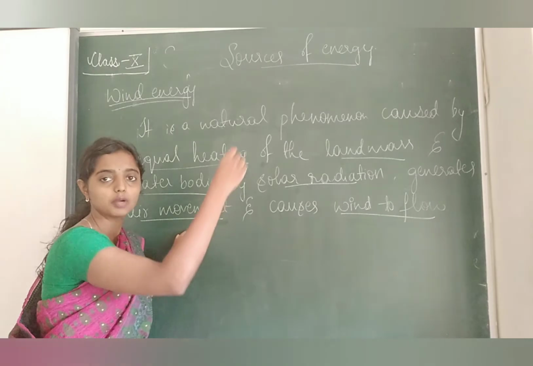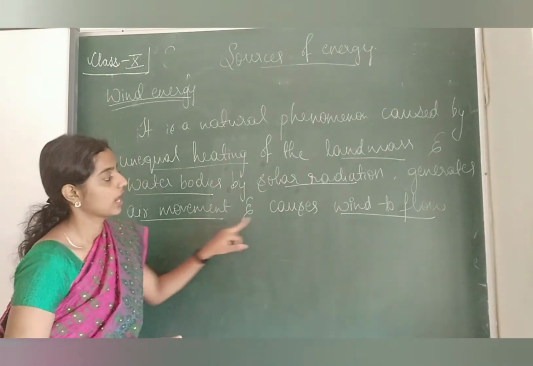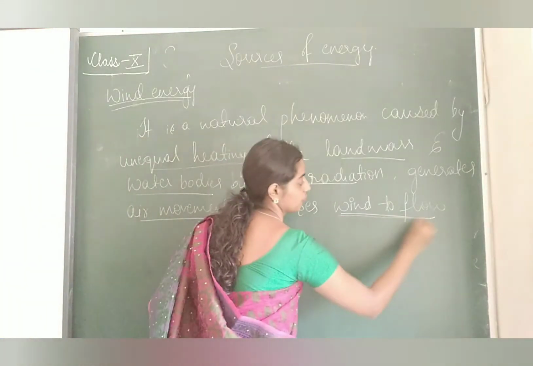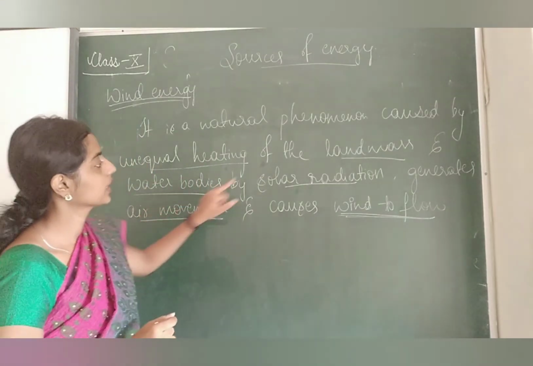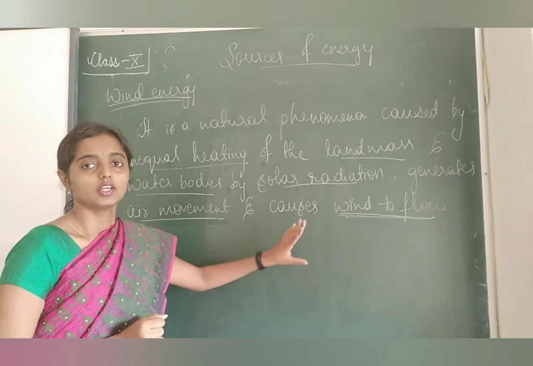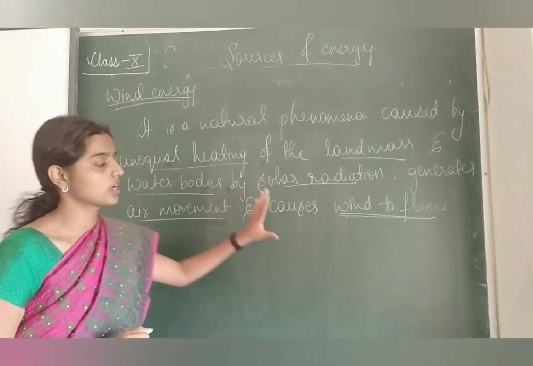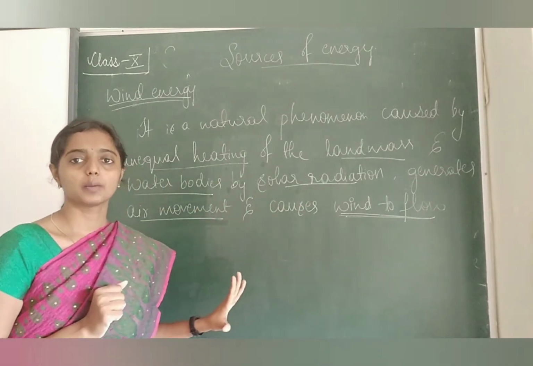In which direction? From high pressure to low pressure, and causes wind to flow. Students, all the words which I have underlined here are important. If you use only these words, then your statement is complete.